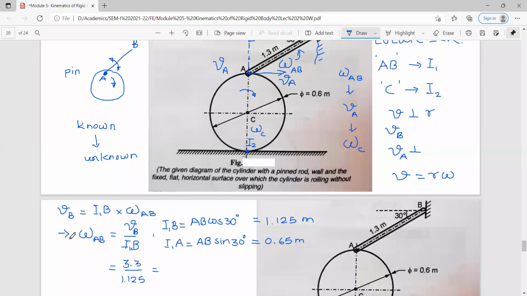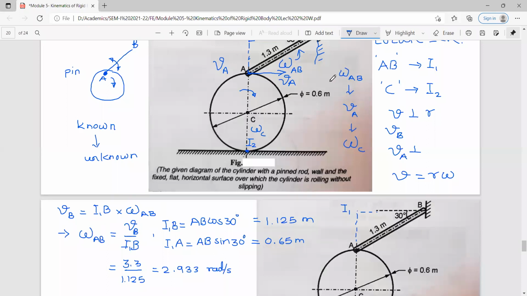That gives me omega AB, 2.933 radian per second. So omega AB is the angular velocity of the rod, which you have found.